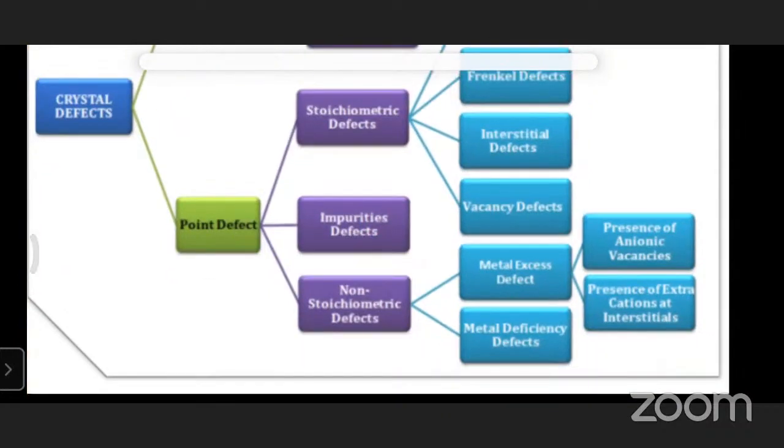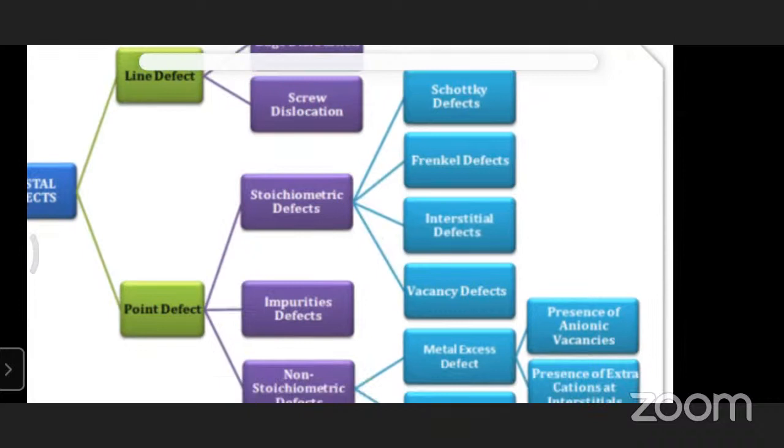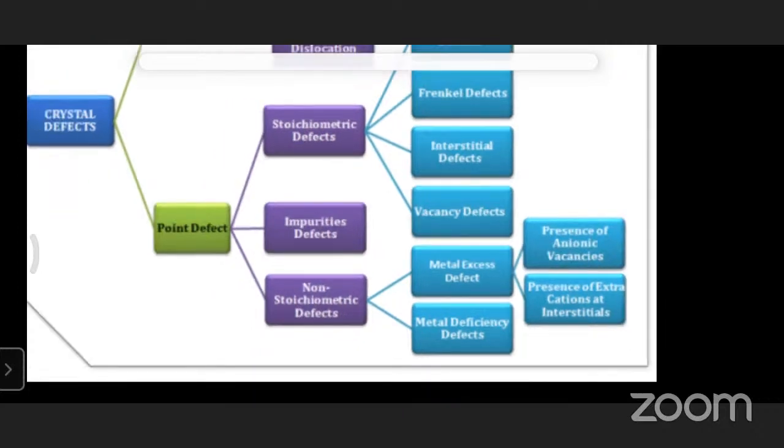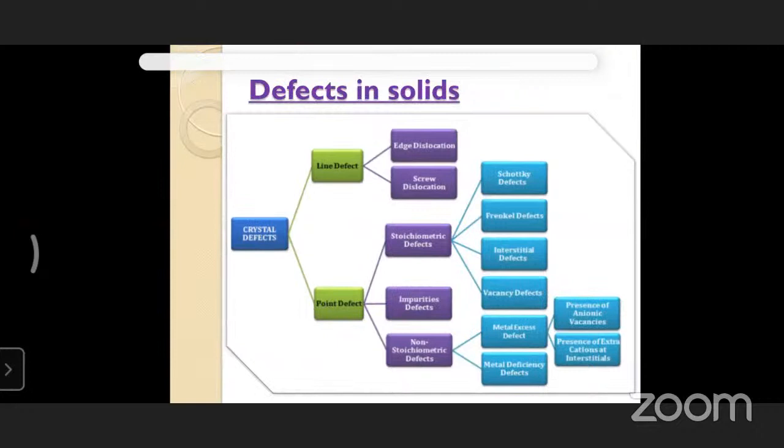Stoichiometric defects are Schottky defects, Frenkel defects, interstitial defects and vacancy defects. Non-stoichiometric defects are metal excess defects and metal deficiency defects. Metal excess defects further include the presence of anionic vacancies and the presence of cationic interstitials. And then there are the electrical and magnetic properties of solids.